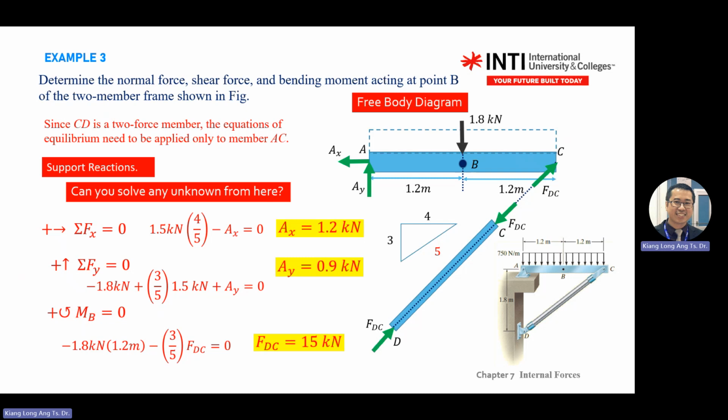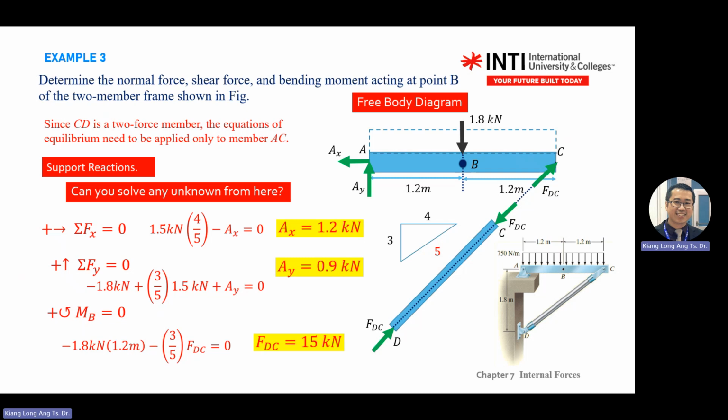Check this one. Is it 1.5 or 15? Sometimes there is a typo error in my slides. If you press calculator, can you help me to find FDC whether it's 1.5 kilonewton or 15? I think it's 1.5.